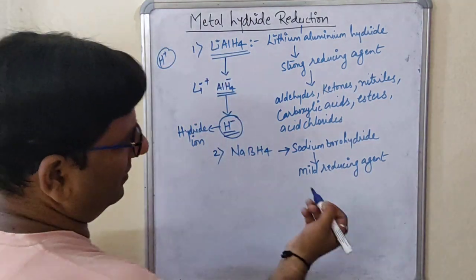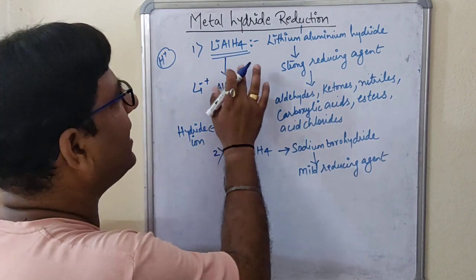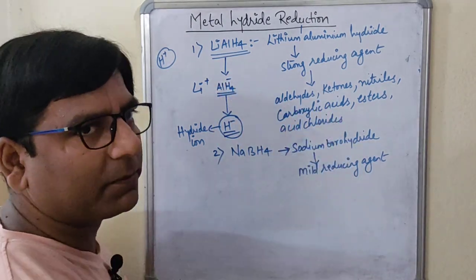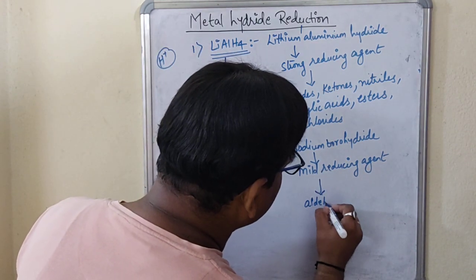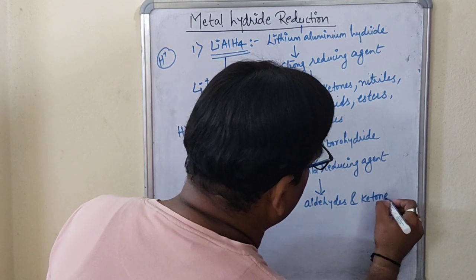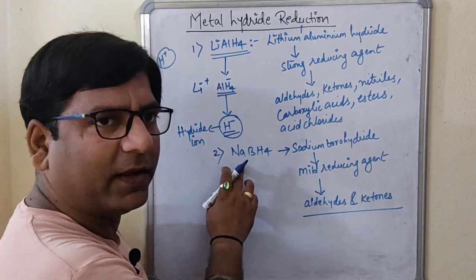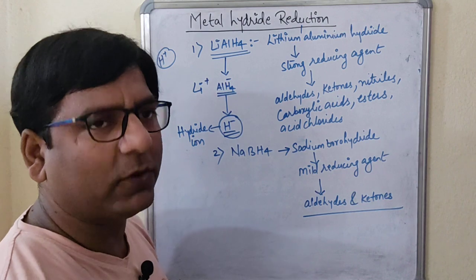Now it will also reduce different compounds, but as compared to LiAlH4, because this is the strong reducing agent, that's why it is reducing this number of compounds. So basically, this reduces the aldehydes and ketones. Means if you are using this sodium borohydride, you can easily reduce the aldehydes or the ketones.